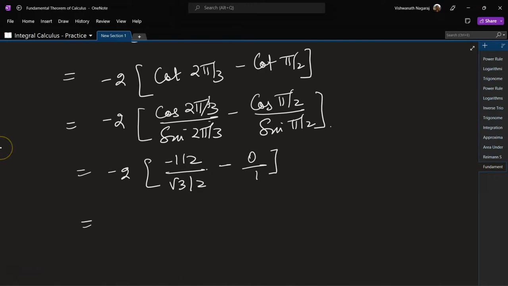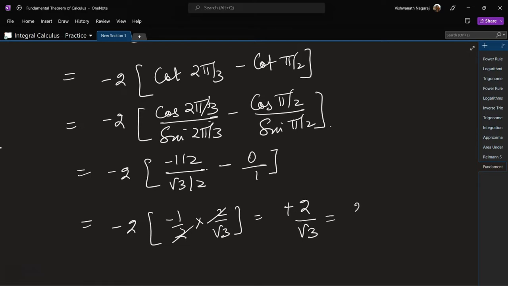So what do we end up with? Minus 2 times minus 1 by 2 times 2 by root 3. So 2 cancels, and we have minus into minus plus 2 by root 3, which can be written as 2 root 3 by 3.